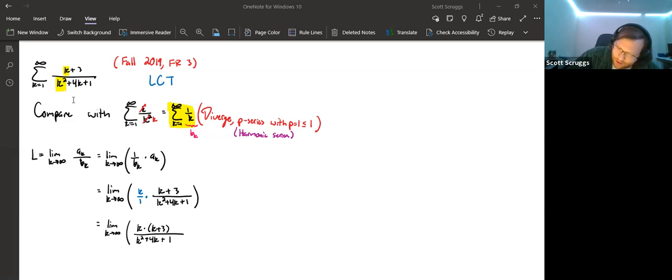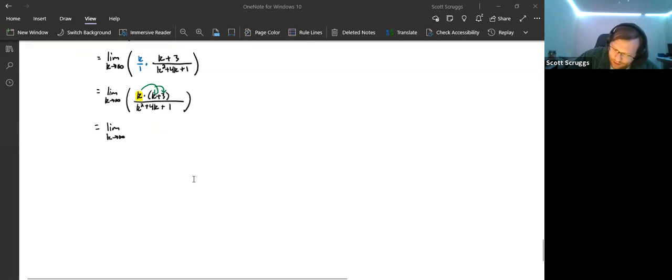I need to distribute that k over the terms of the numerator. Doing that will give me the limit as k goes to infinity of k squared plus 3k over k squared plus 4k plus 1.